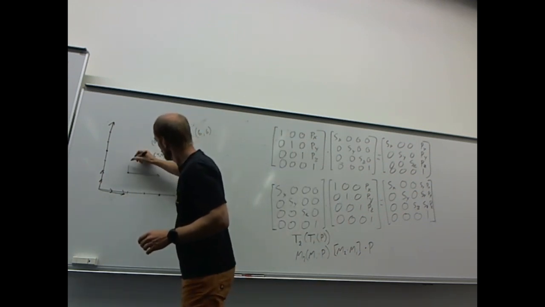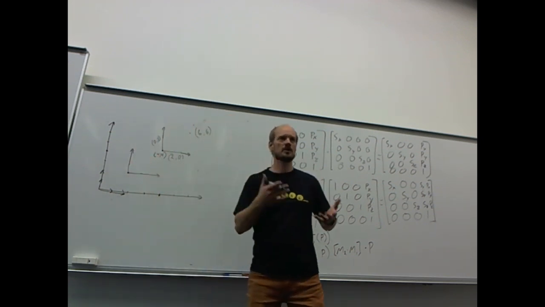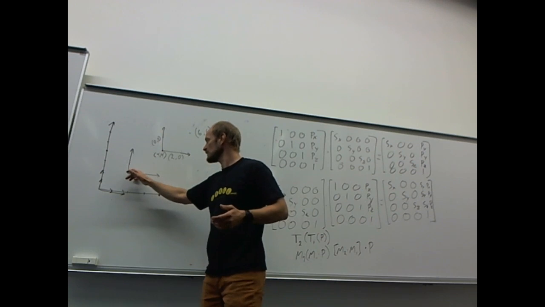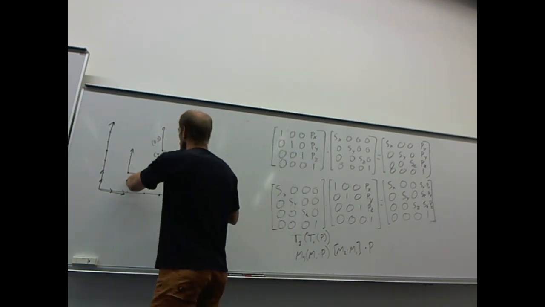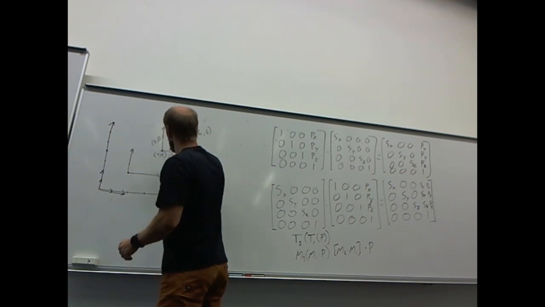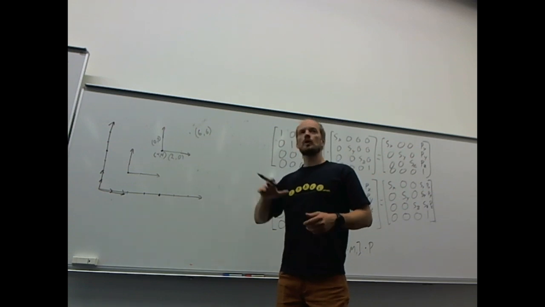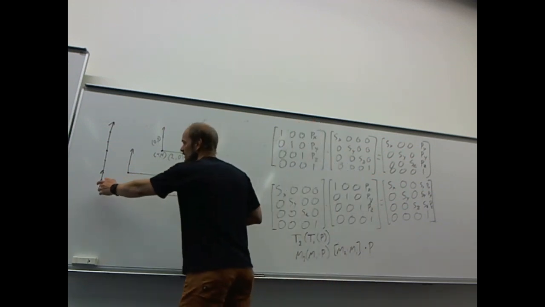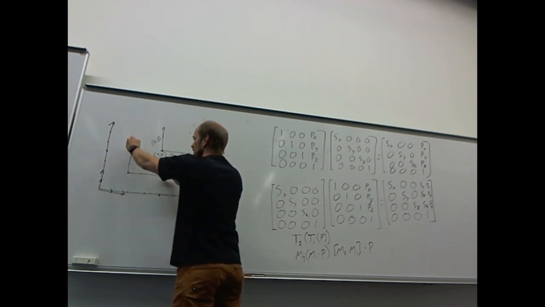I scale it from here, it doesn't affect the position of it. I translated it first, then I scaled it, just from where I put it. So then I draw the point 1, 1, which gives me the point 4, 4.